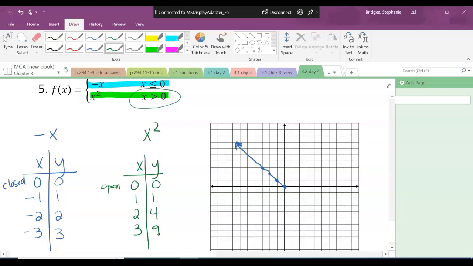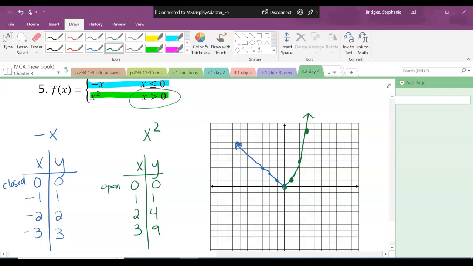Now, when I go to do 0, 0, it says I need an open point, but didn't I already close in 0, 0? So that really isn't going to change anything. I still have that point there. That's my starting point. And then we do 1, 1, 2, 4, 3, 9. And we're going to go through those points and keep going. So your graph should look like that.